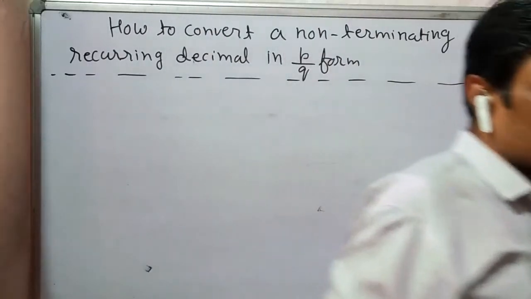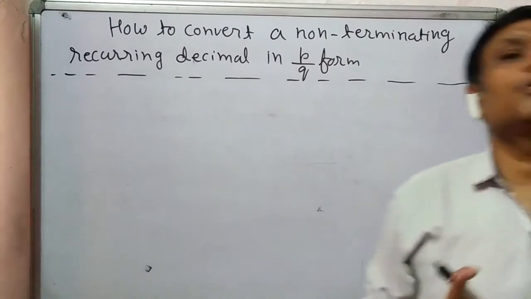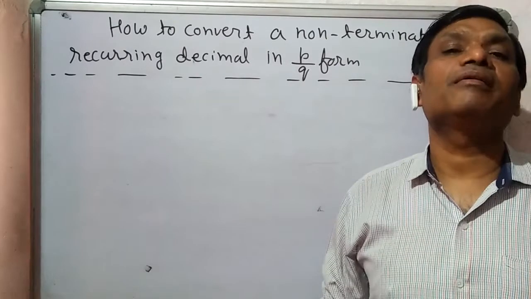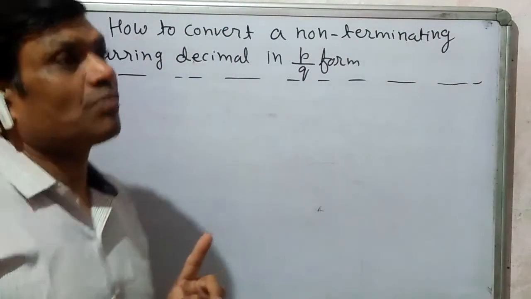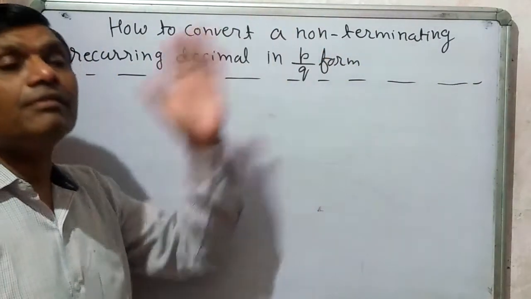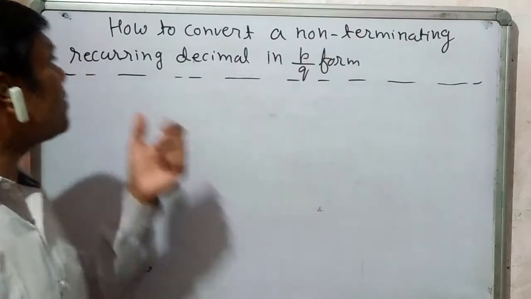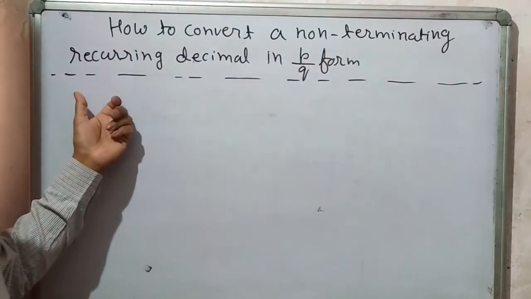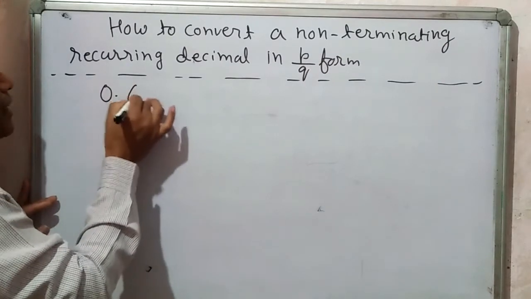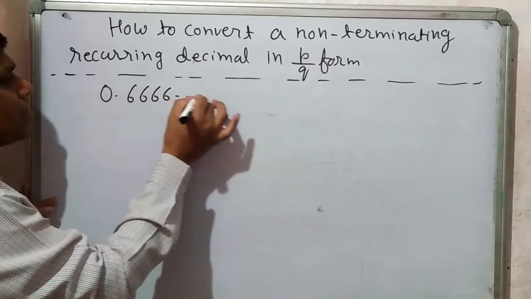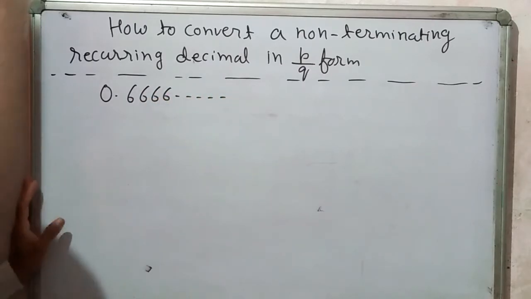What we have to understand is, when we are converting rational numbers into decimals, they come out as either terminating or non-terminating but recurring decimals. Suppose we have a number 0.666, repeated infinite times.